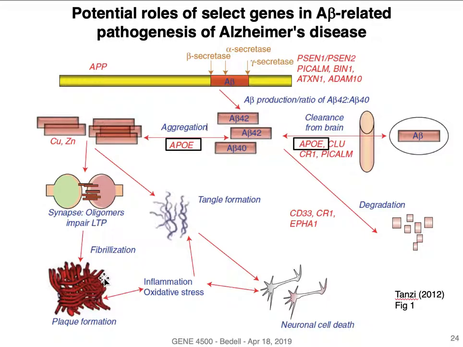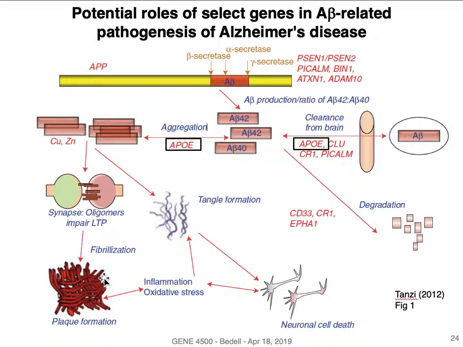And it depends on the allele of ApoE. ApoE4 is much more likely to cause abnormal aggregation, and ApoE2 actually protects against that, again in ways that aren't completely understood. But it also has to do with clearing these things from the brain, degrading.